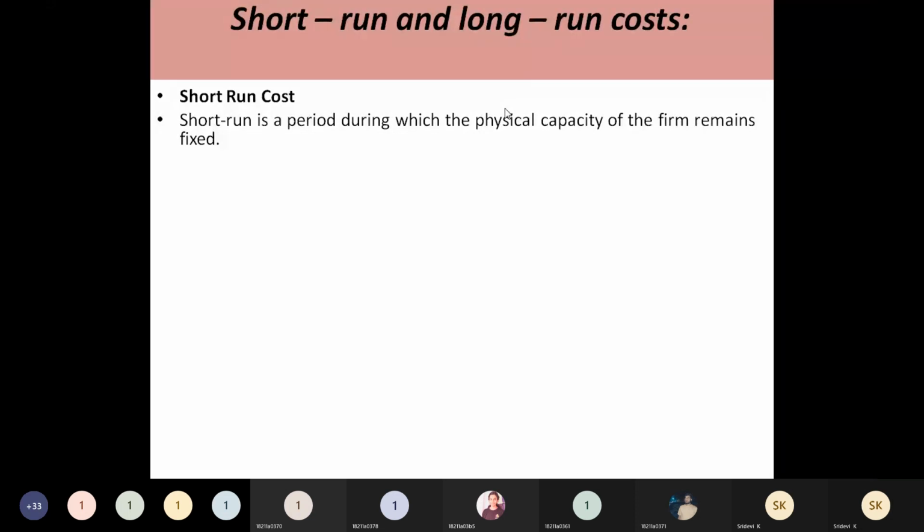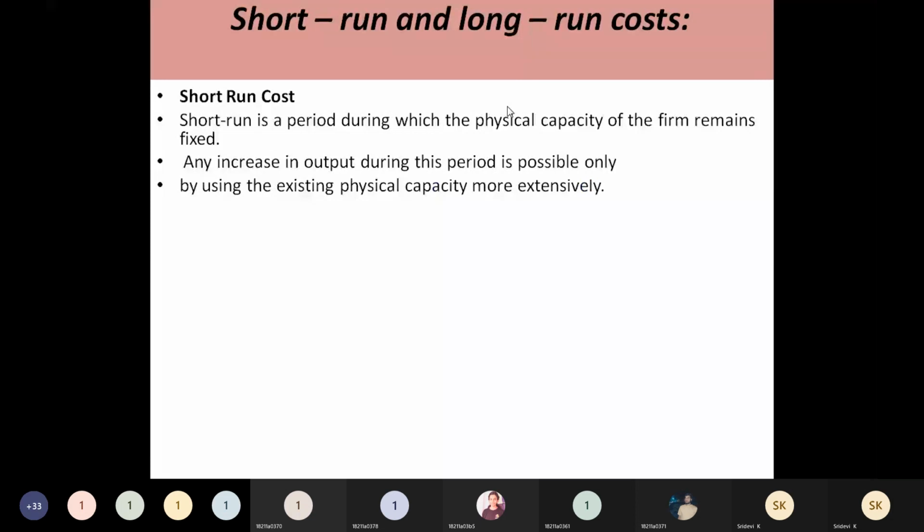So where you cannot increase it immediately, in such cases, some costs you are going to include here. That is, increase of output will be possible only to the extent of the technology that you already have, not more than that.